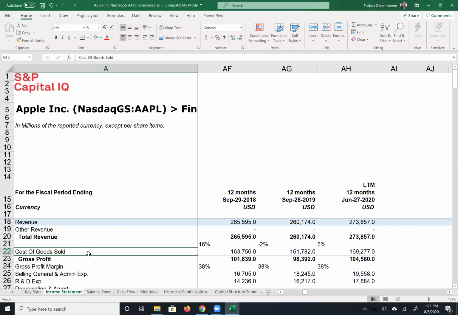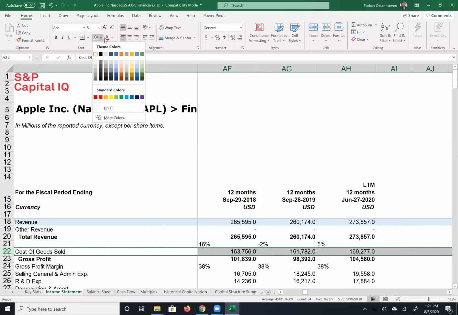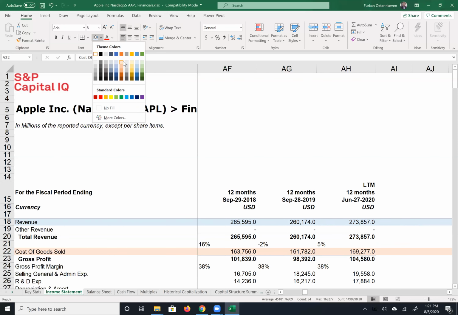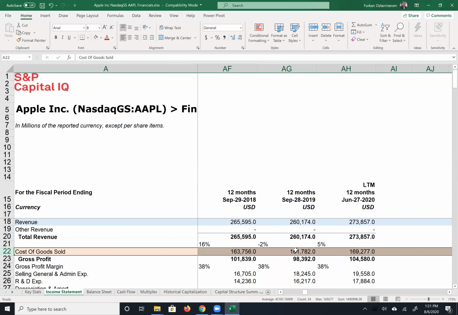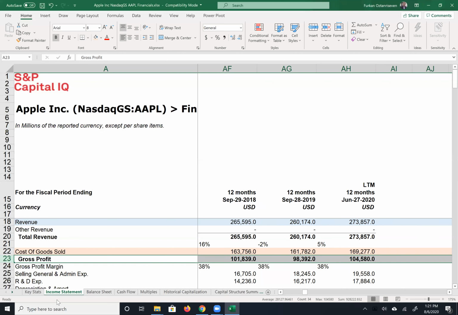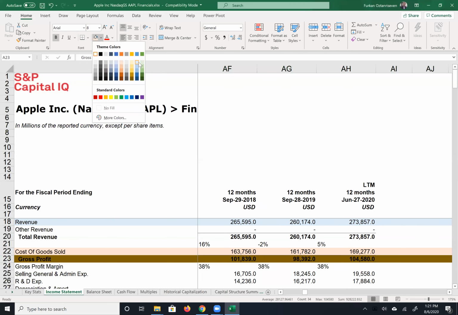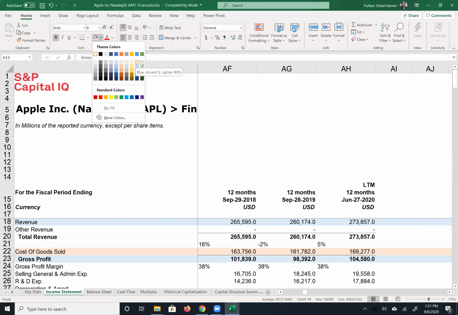These are the direct costs associated with the company's production. And when we subtract cost of goods sold from revenue, we get gross profit. So gross profit is a good measure where we can see how well the company is doing.